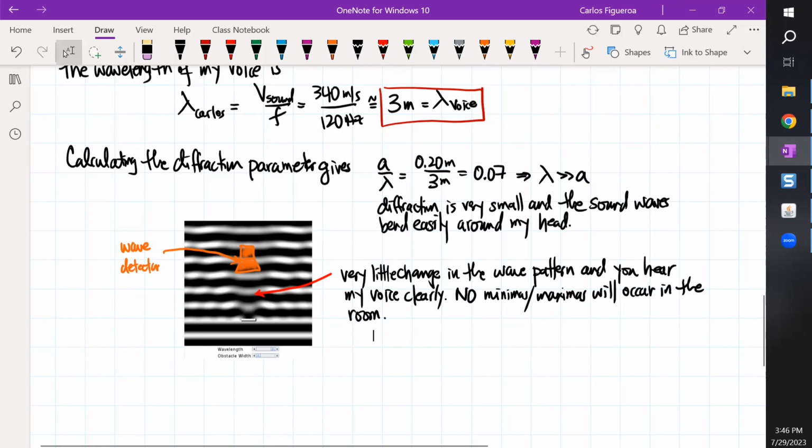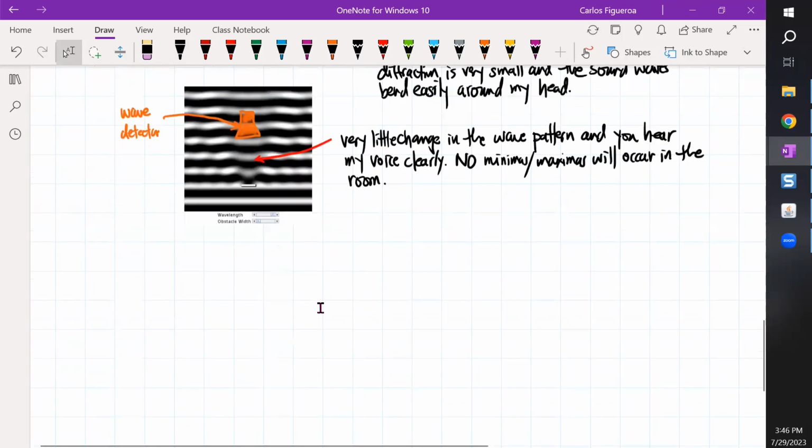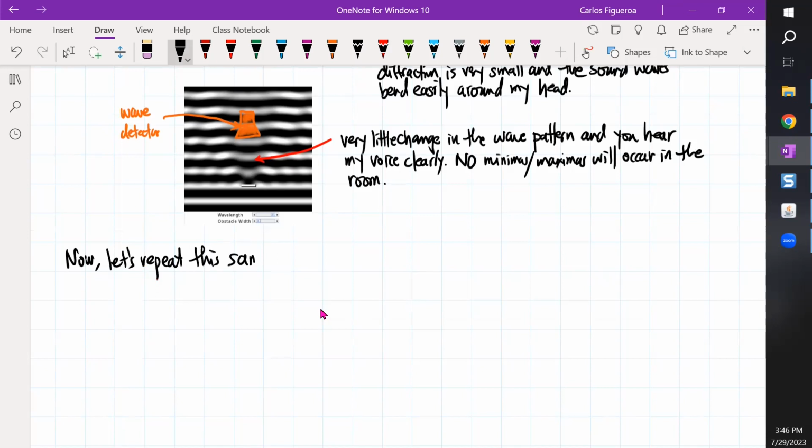Now what we can do here is repeat this for light. So now let's repeat this same thought experiment, but now we will shine light.